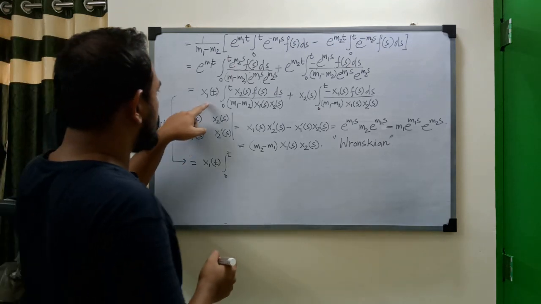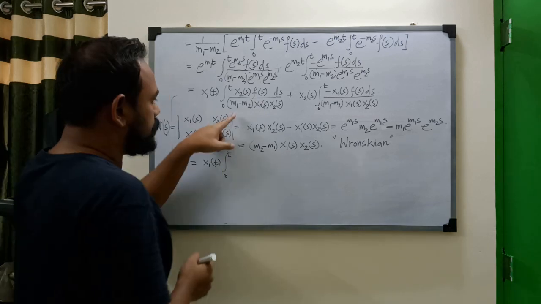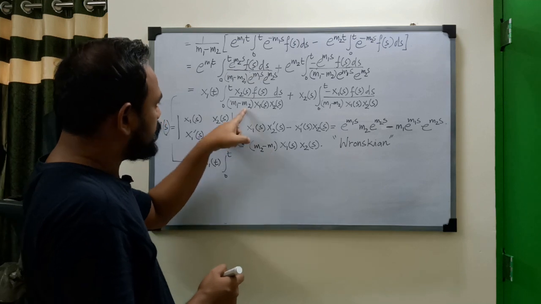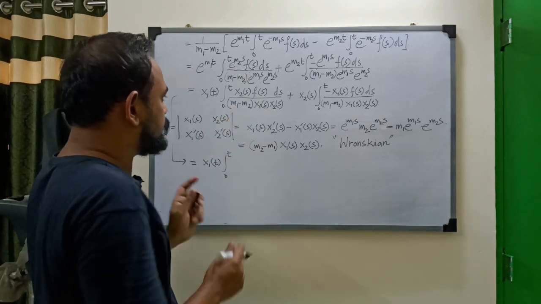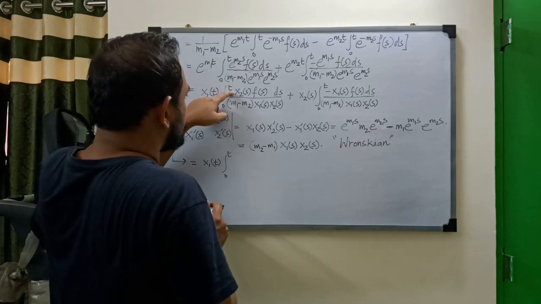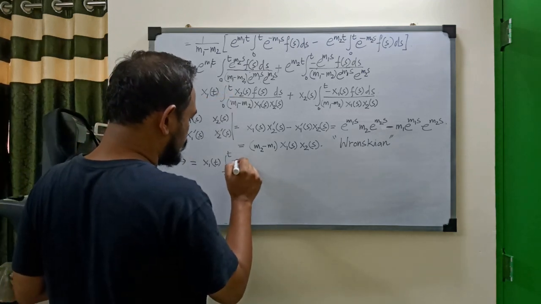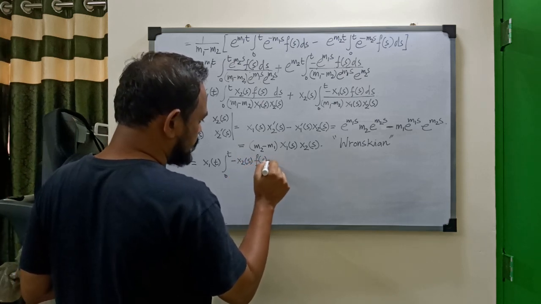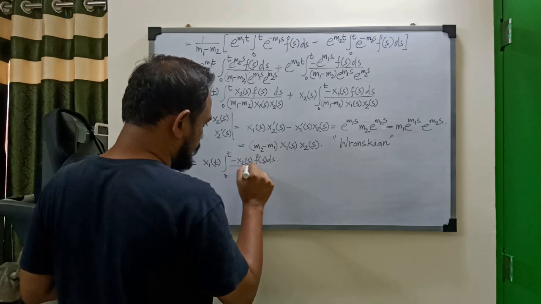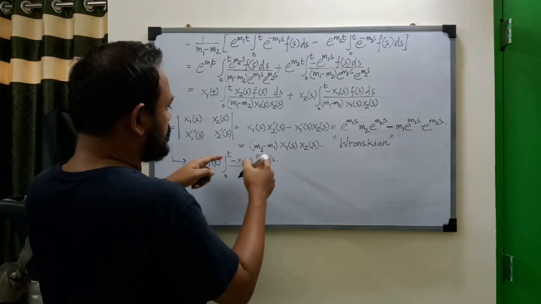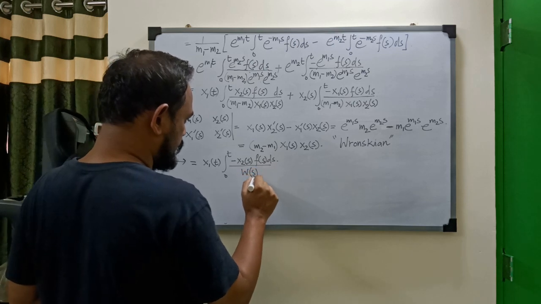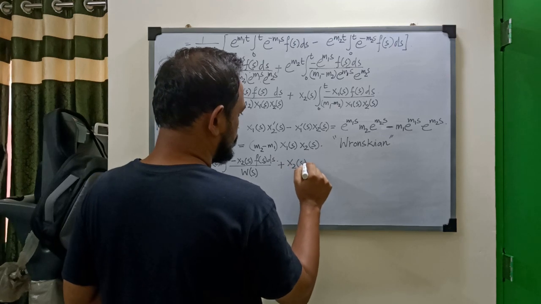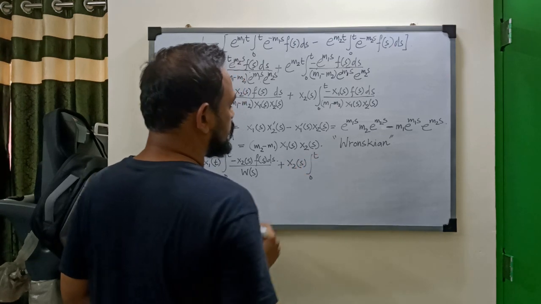So this becomes x2. If you see this, there's a slight change of sign that we need here. This is m2 minus m1. So if I change the positions, I will get a minus x2 over there. So I'll get a minus x2(s) f(s) ds divided by, this is then the Wronskian, plus x2(s), integration from 0 to t.